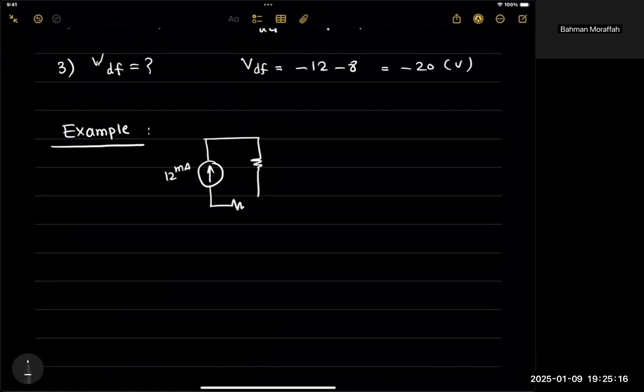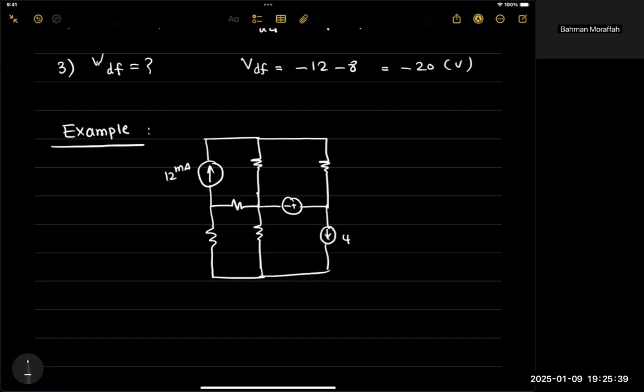I have this guy, and I have a voltage source here. I have a resistance there, another resistance, and a current source with value 4 milliamps.